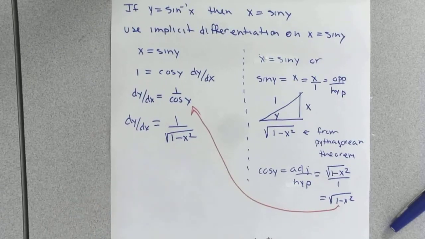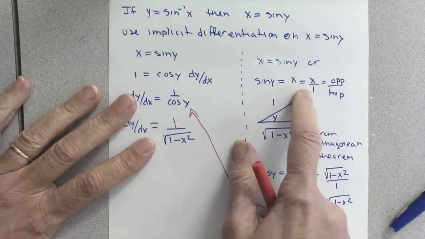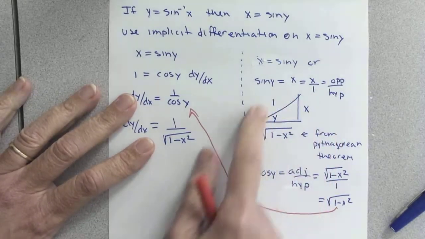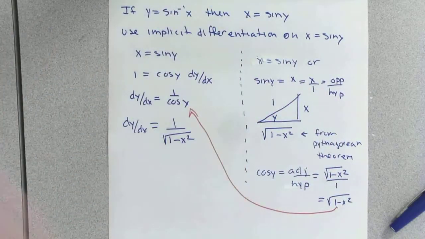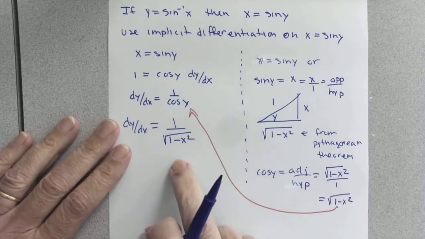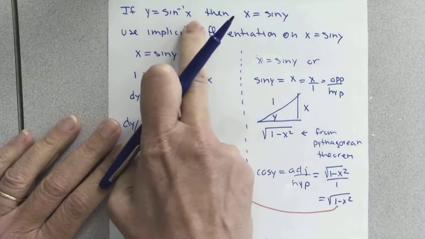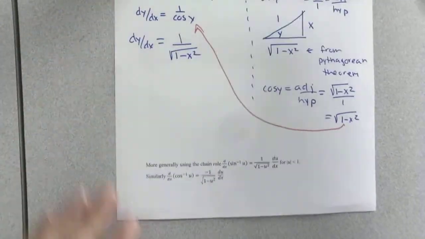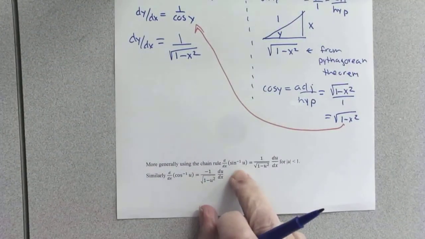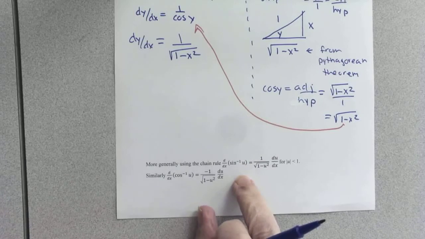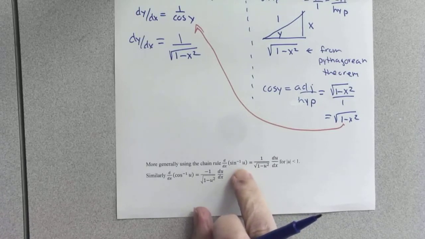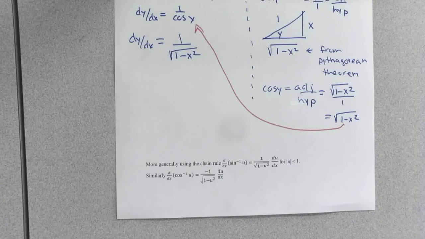Now, you don't need to remember how I got it, but we go through these things to show how it all is connected: how inverse functions turn around, right triangle trigonometry, implicit differentiation, it's all connected. Now, that's just if it's a simple plain variable x, but if we expand it a little bit, the derivative of sine inverse of u, and again, when you see these u's, u represents a function.